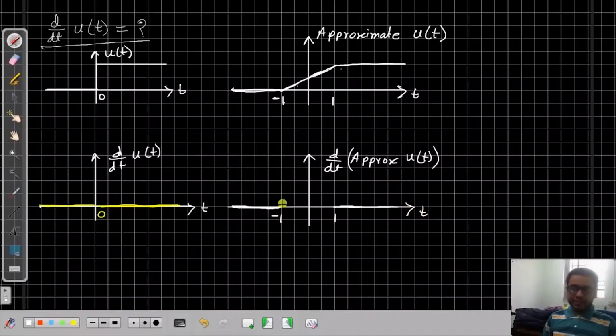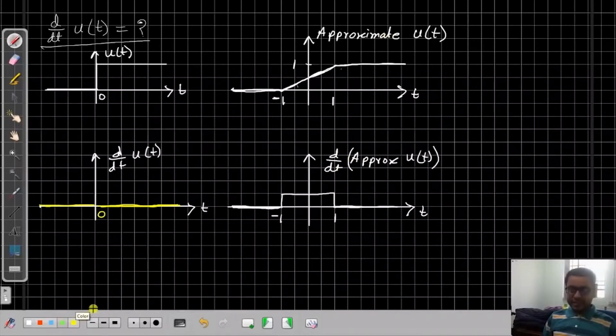And within this region, it increases linearly. So the derivative will be the slope, and the slope is half. So its value will be like this. So this is the derivative of approximate u(t).